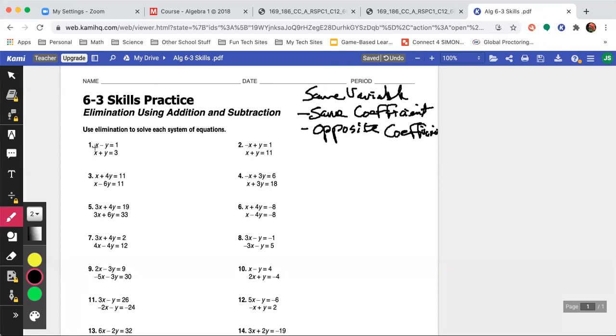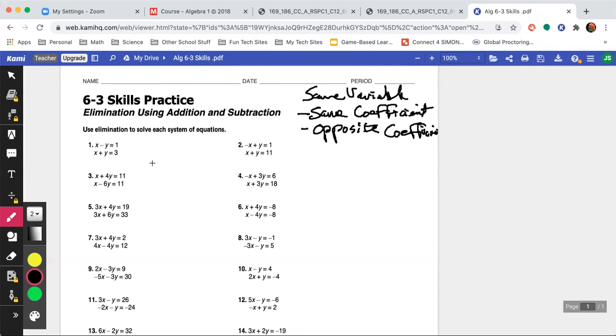So if you look at problems 1 and 2, these are a little weird, but they both have each, right? They both have a variable that has the same coefficient, and they both have a variable that has the opposite coefficient. And so the difference between using addition or subtraction is just that.